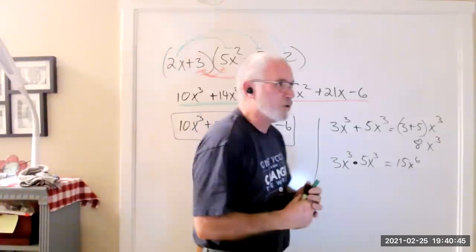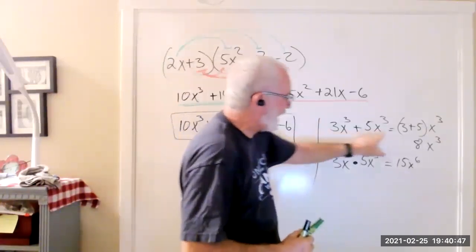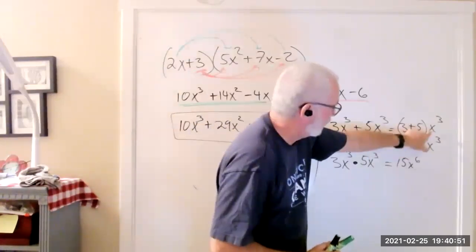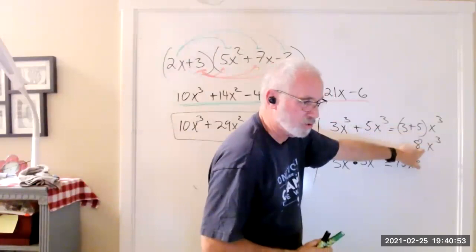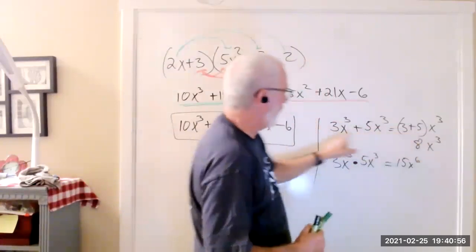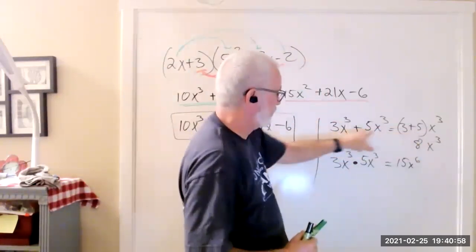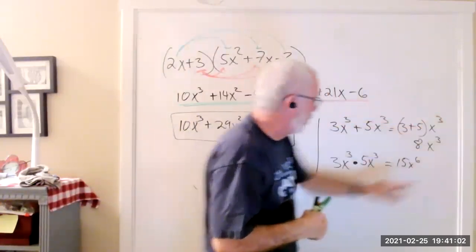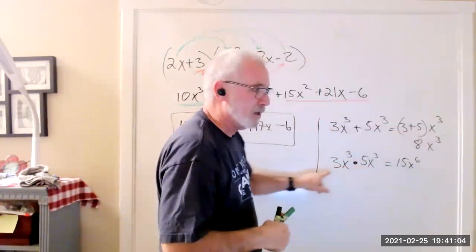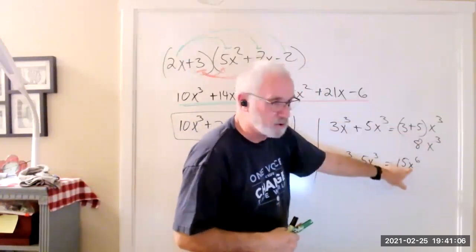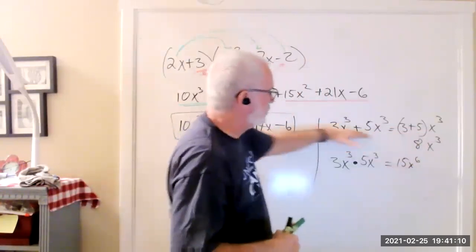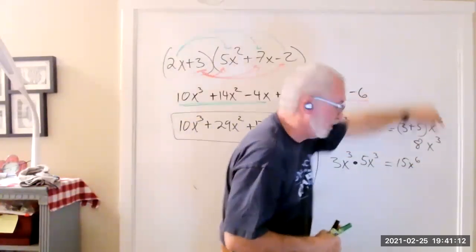So to answer your question, when you're adding or subtracting like terms, the variable does not change. When you're adding like terms, it stayed x cubed. When you're multiplying, the power changes. Adding or subtracting, power doesn't change.